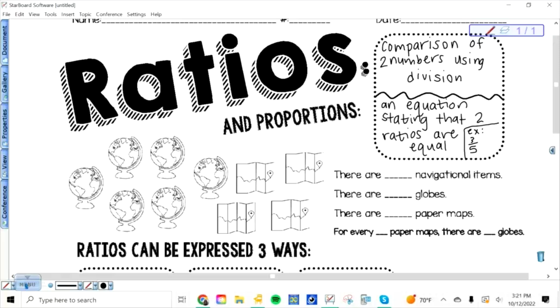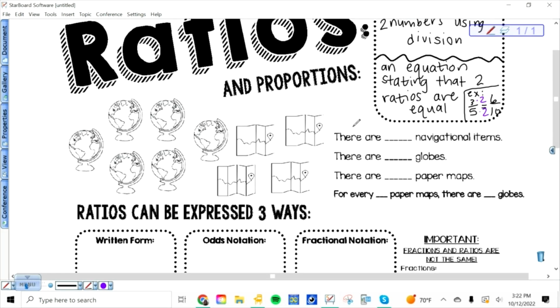What is an equivalent fraction of 3/5? 6/10. How did you get there? Right? I just multiply 3 times 2 and 5 times 2. Those are equivalent fractions, or a proportion.